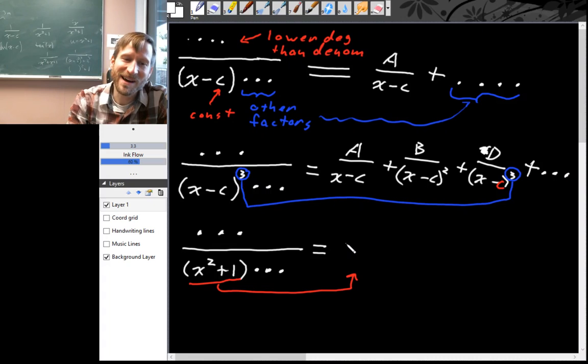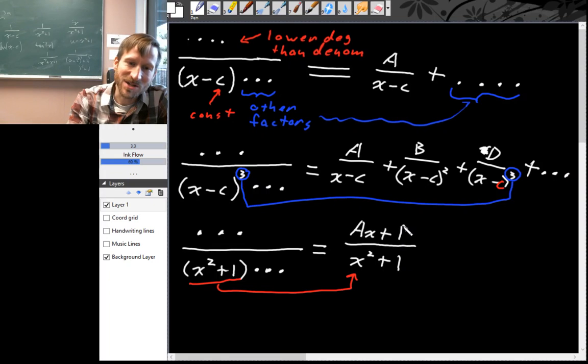The denominator, as you expect, is x squared plus 1. It would be nice if the numerator were just some constant, except it's not that simple, unfortunately. It's Ax plus B, so you actually get two constants in this situation. And then, of course, plus any terms that correspond to the other factors in your denominator.